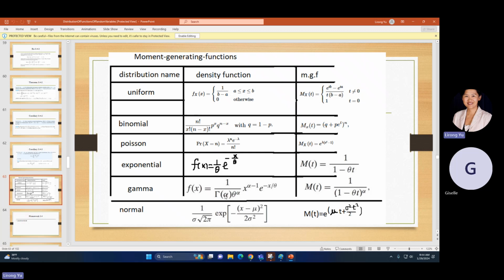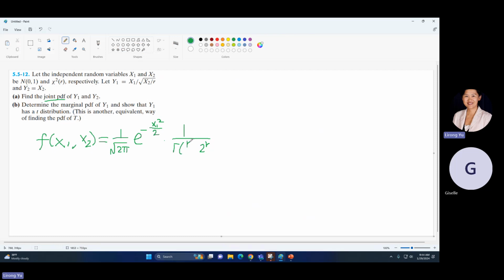So this is supposed to be 2r, theta equal to 2, and this should be 2r minus 1, is it? Right? For the relation between gamma distribution and chi-square distribution, theta equal to 2, alpha equal to r over 2. Yeah, so this is r over 2.